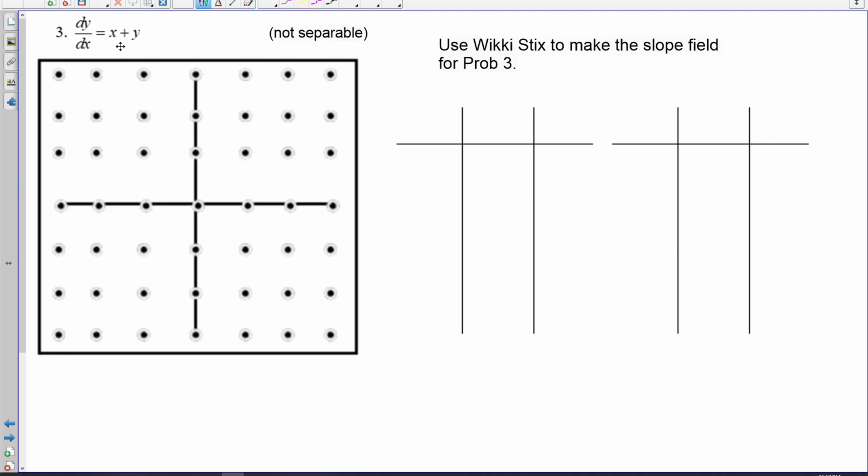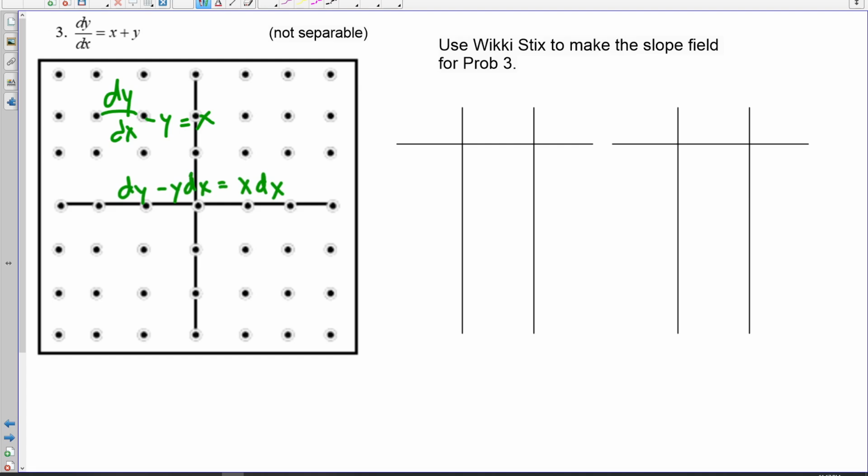On the last problem, we could separate and see that the y equals x squared plus c. But here, there's no way to separate this. If you move the y to the left, remember you have to use real algebra, there's no way to move all the x's to the right, because if I used real algebra and I multiplied everything by dx, okay, I would get this.